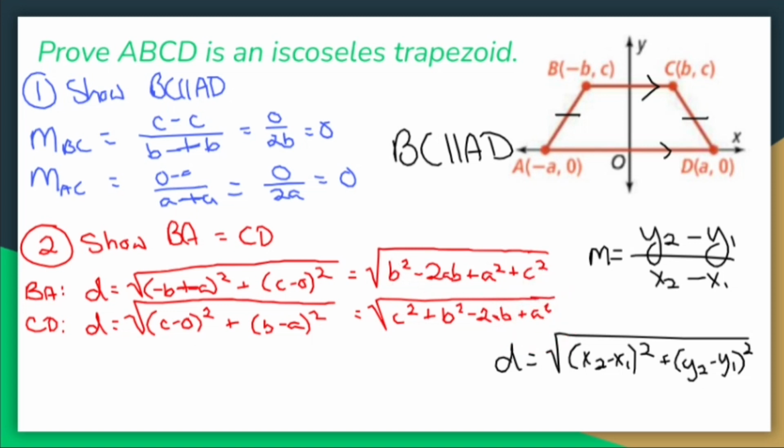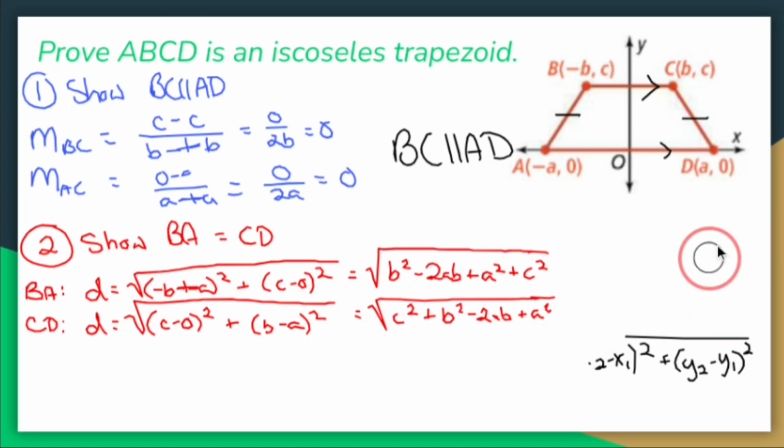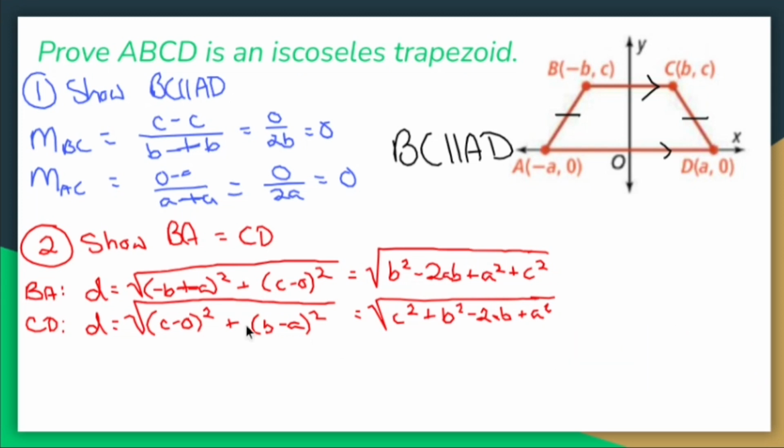Let's get rid of these rules because I won't need them anymore, even though they look so darling. I just showed that BA and CD are the same. So let me say that.